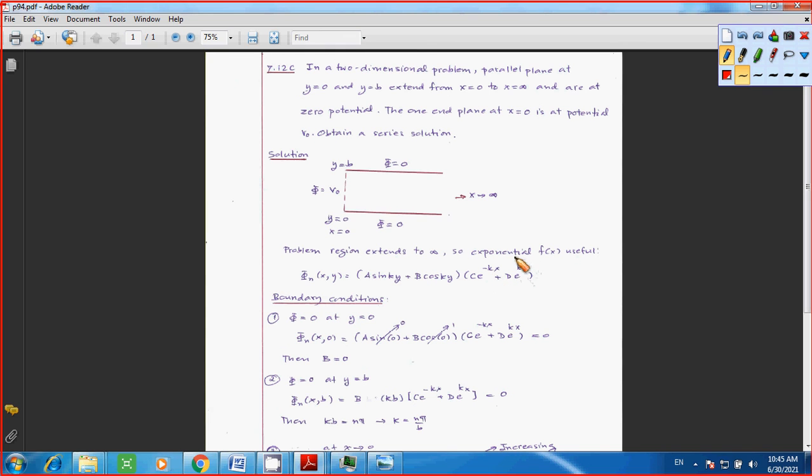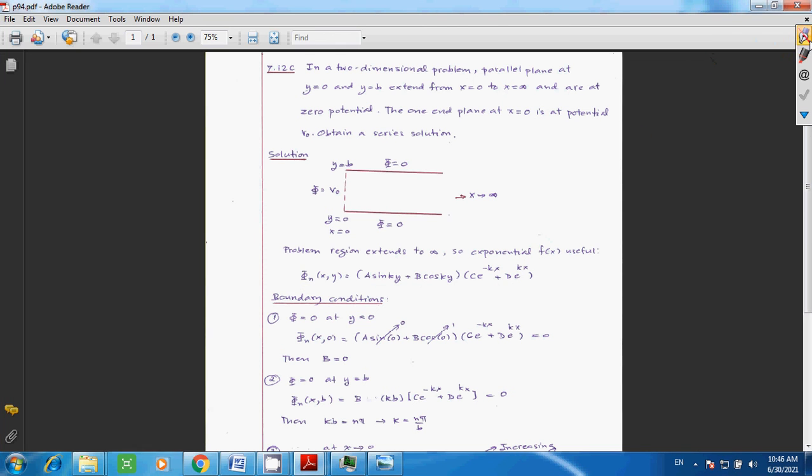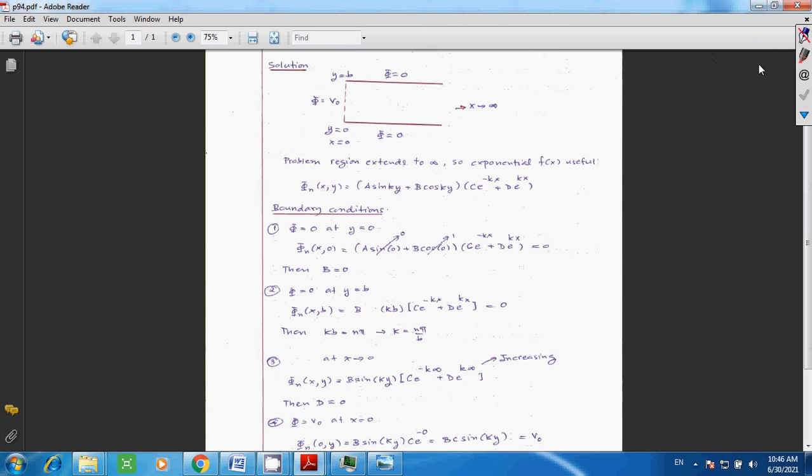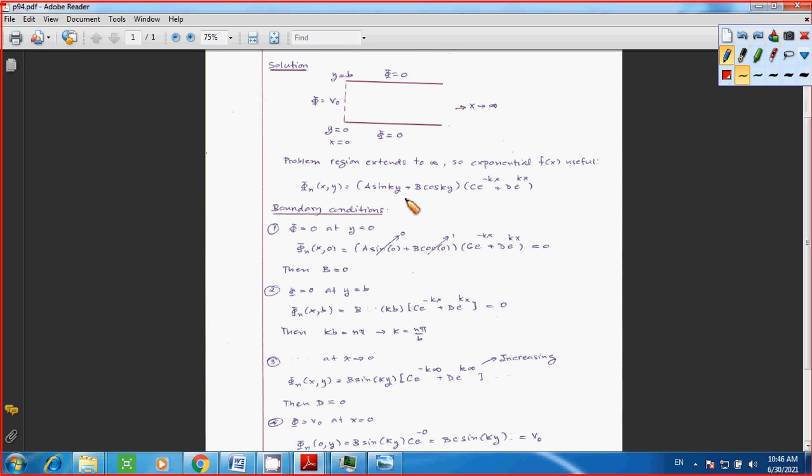So that's why we use the exponential function. That means your potential phi(x,y) is going to be a sine ky plus b cosine ky, multiplied by c exponential negative kx plus d exponential kx, and you follow the same steps to solve the problem by applying the boundary conditions.